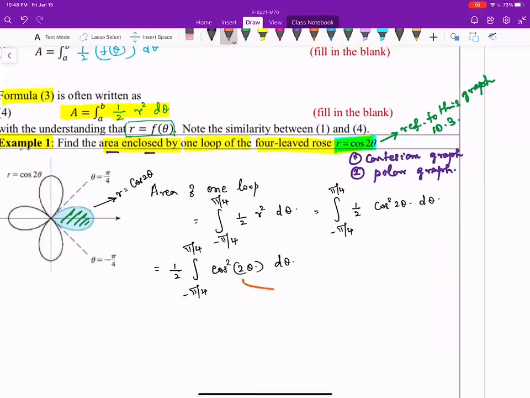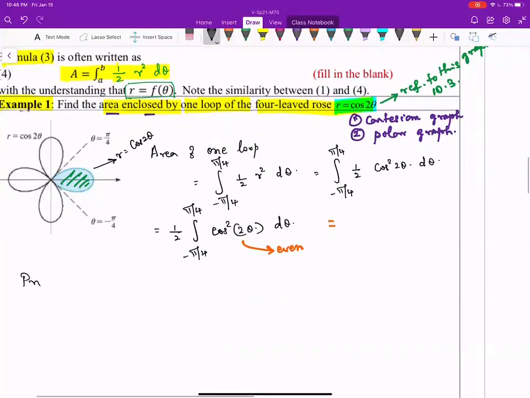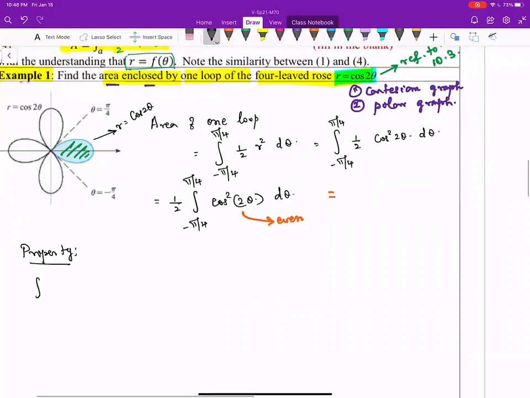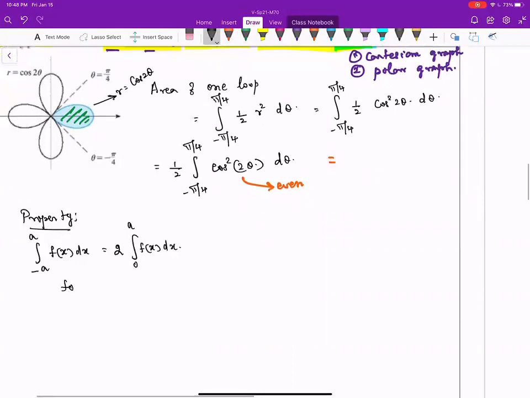The integrand is even, so we can use one of the integral properties: if you have integral from negative a to a of f(x) dx, it becomes twice the integral from 0 to a of f(x) dx, provided f of x is even.